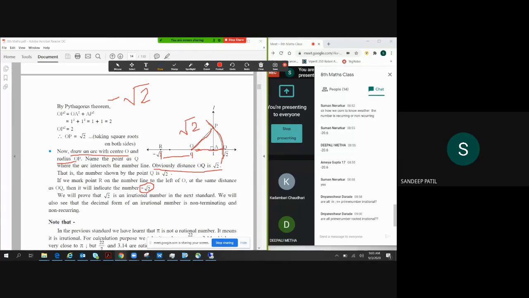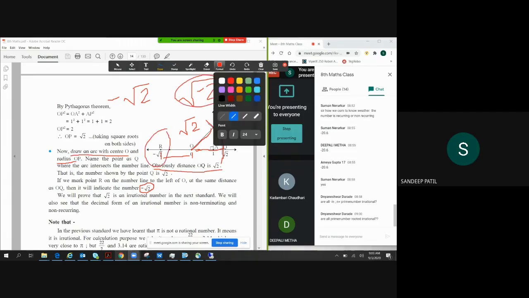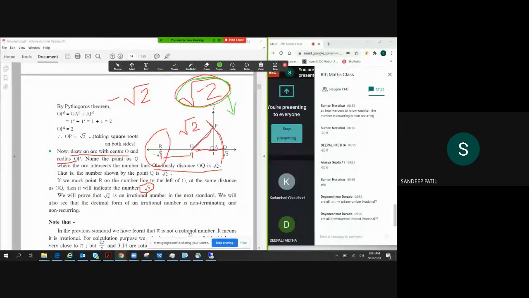Please be careful that these two things are not the same. Root of minus 2 is not this. This is something different. You will not see this number in your syllabus till 10th. This is called a complex number.